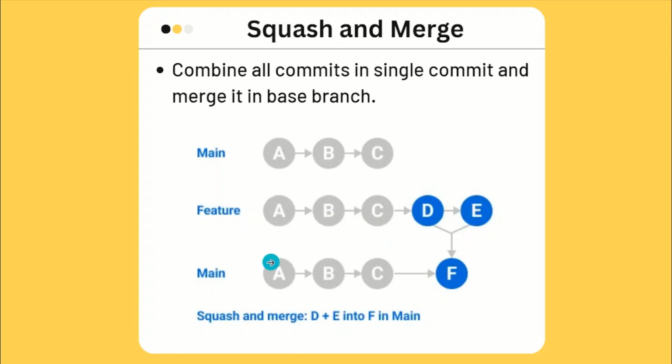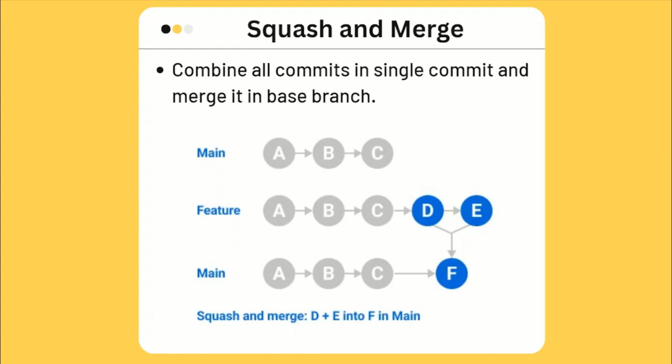When you merge to the main branch with this option, it will create a new commit from D and E as F. So all the commits will be combined into a single commit, and this commit will be added to your main branch.